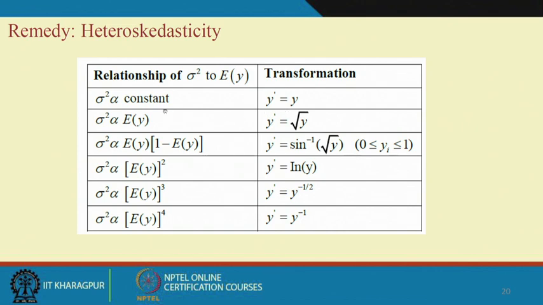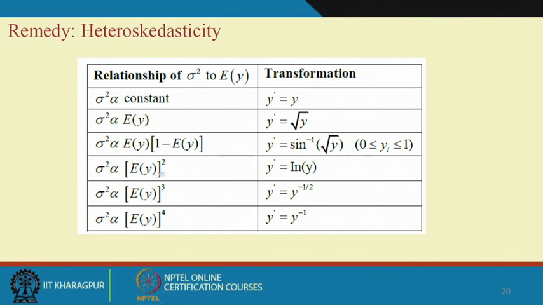If constant error variance is satisfied, no transformation is required. But if the error variance is proportional to the mean value, then take the square root. If error variance is proportional to the mean and this quantity, then use the sine inverse square root transformation.